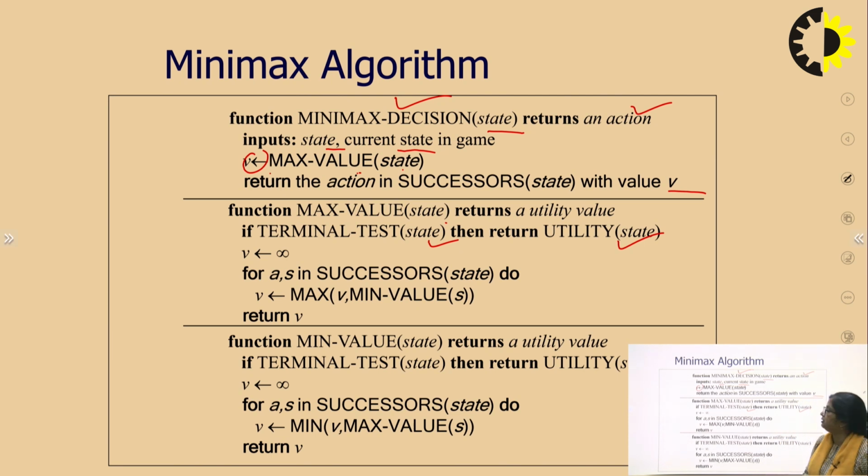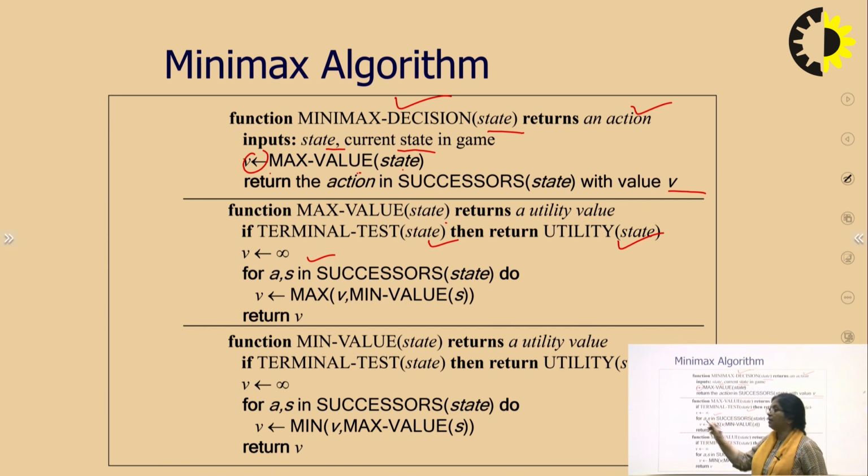Otherwise, it will take the value as negative infinity, because it has to now calculate. The utility is not there and it is not given on that level. Okay, so it will assume that the value is infinity. So what it will do now, for A and S in successor states, we have successor states according to actions.